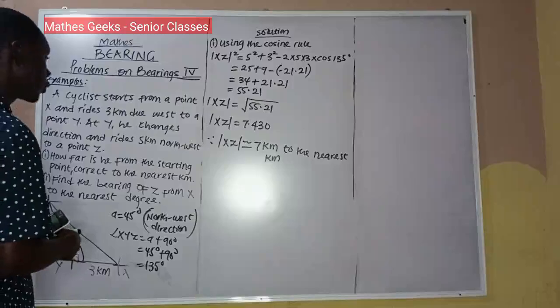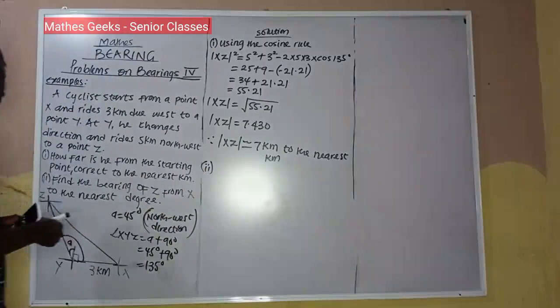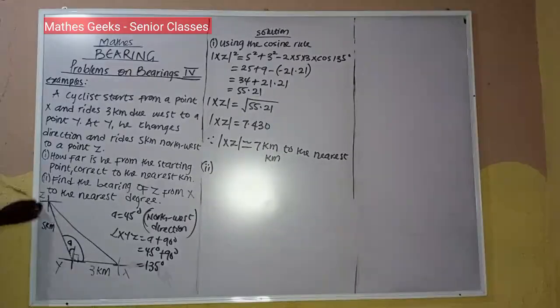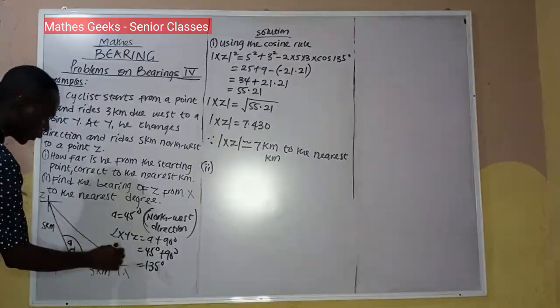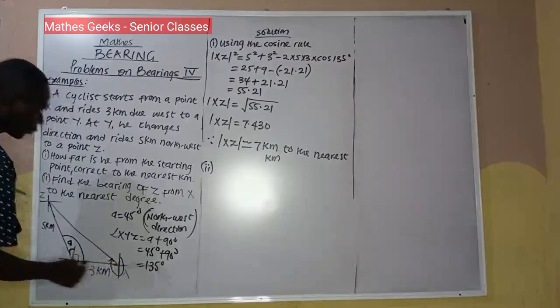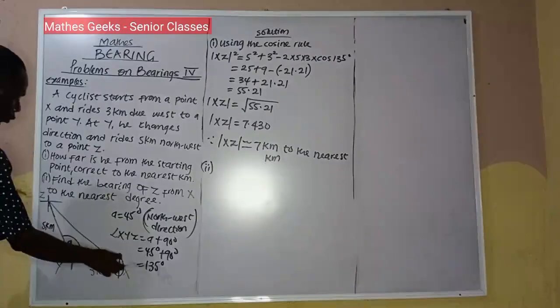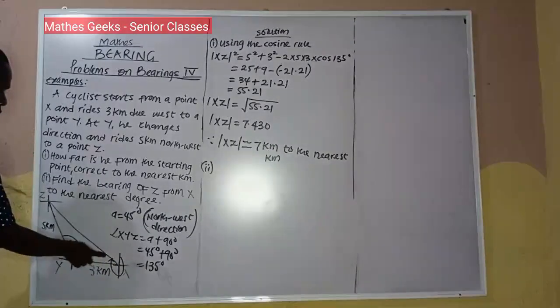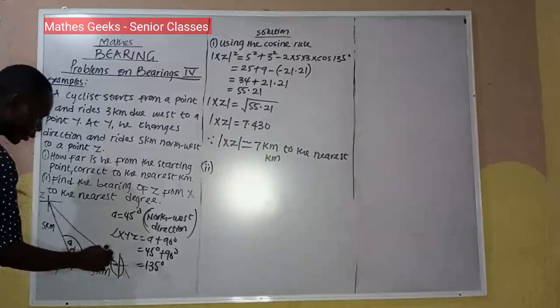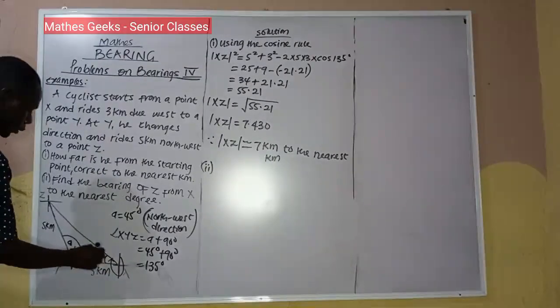Okay, so figure 2 says find the bearing of Z from X. The bearing of Z from X is going to be from here like this, because the line connecting Z and X is this line, so you must rotate from the north until it meets this line. That will give us this angle, let's call it beta.